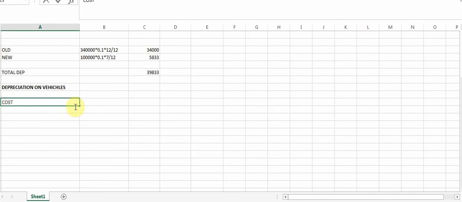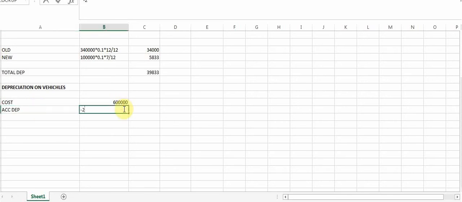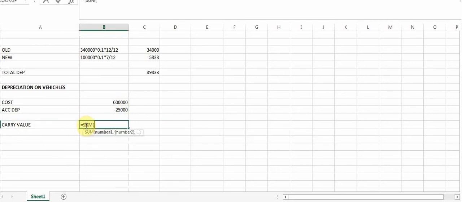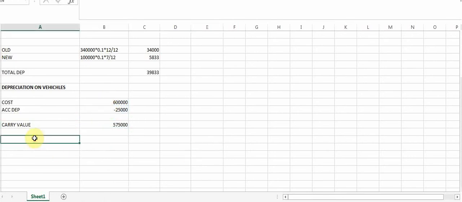What is the cost then? The cost price for the vehicles is 600,000. The accumulated depreciation is a total of 25,000, and that leaves me with a carry value for this asset that is worth 575,000 Rand. From this point forward, I can now do my normal calculation.